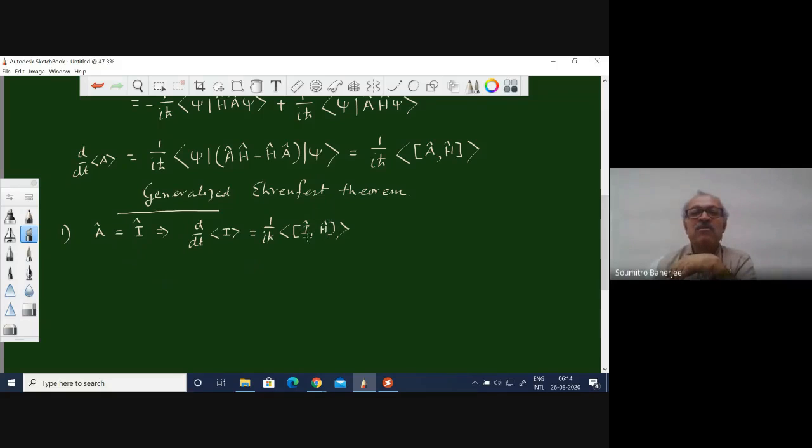Therefore, it definitely commutes with this, and therefore it is equal to 0. So this is d/dt of the expectation value of I.